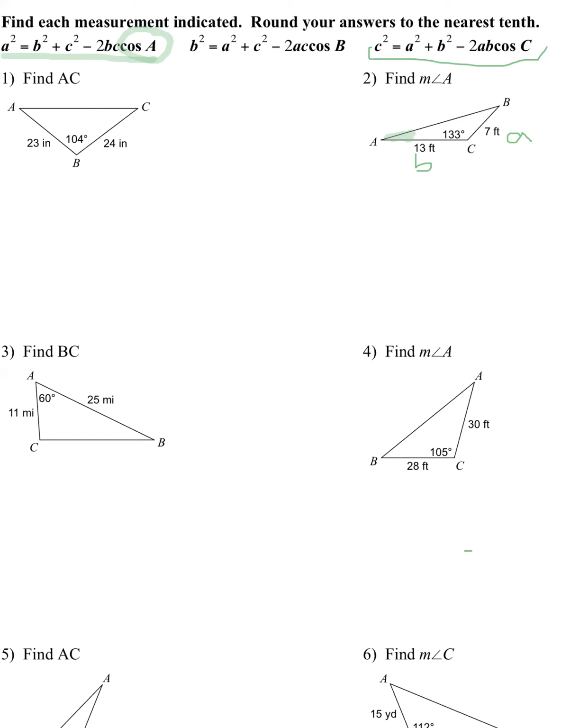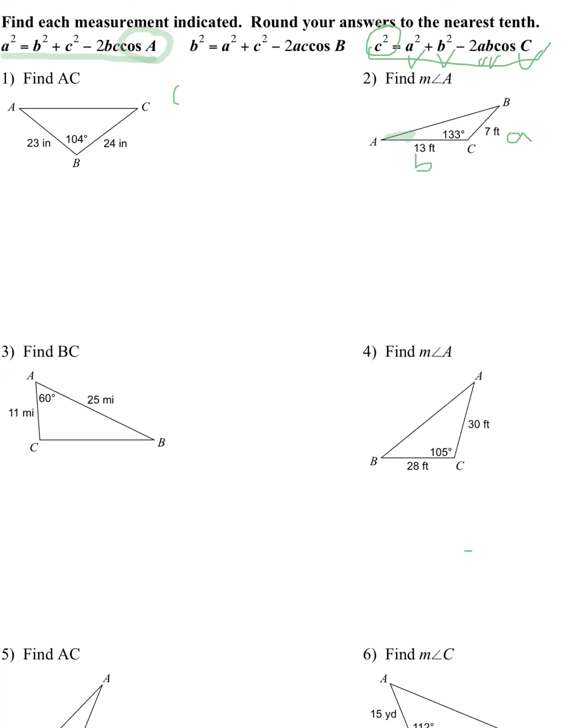Even though I don't know what this is, do I know what A is? Yes. Do I know what B is? Yes. So here I need A and B. Yep, I have both of those. And I need the cosine of C, and I do have angle C. So I have all the pieces that I need to solve for C. So that's what I'm going to do with this one, and let's work through this and see where this leads us, okay?